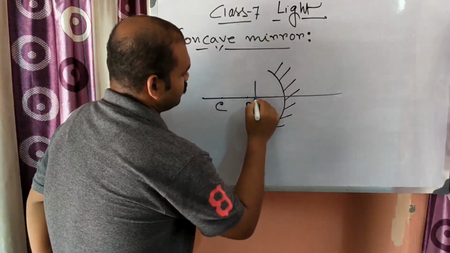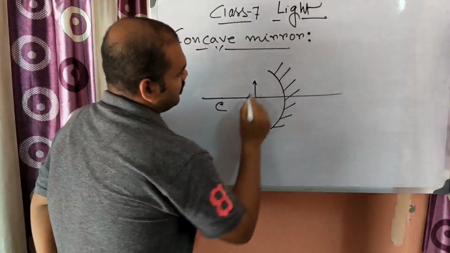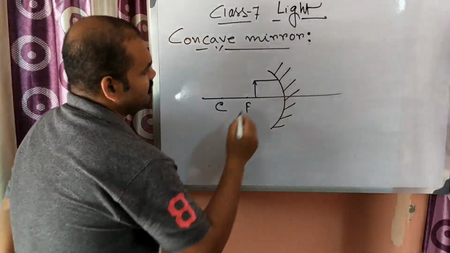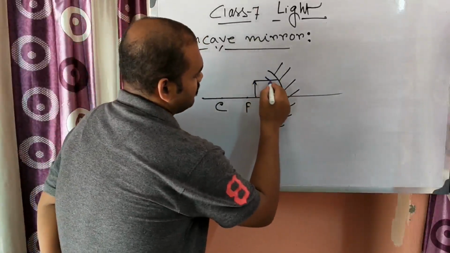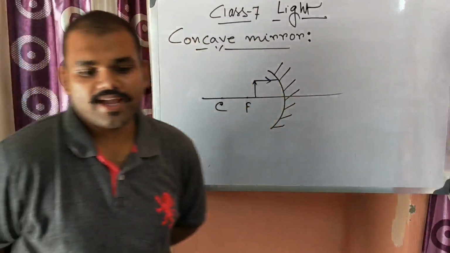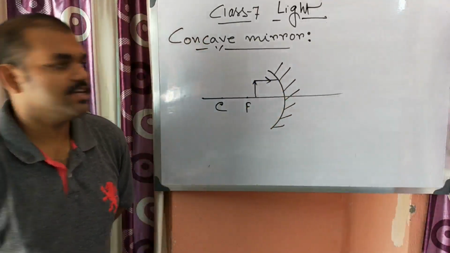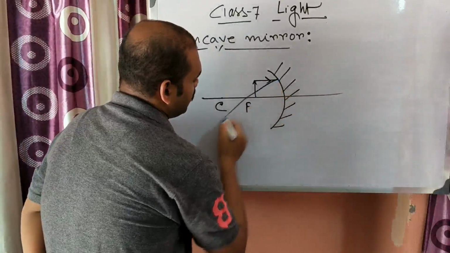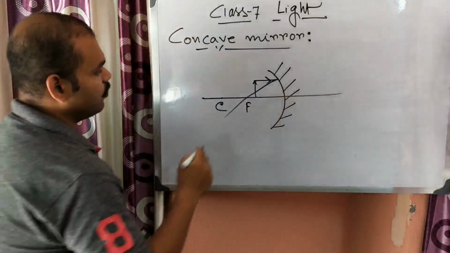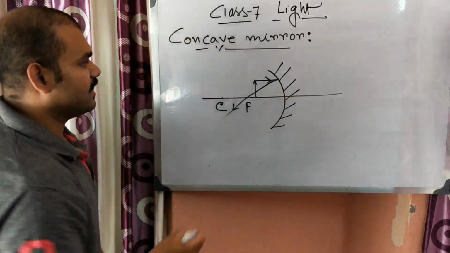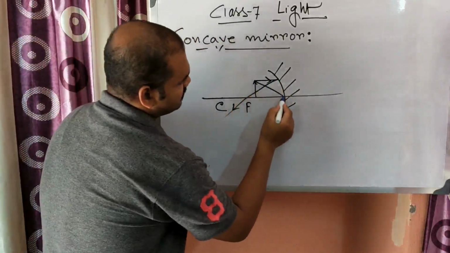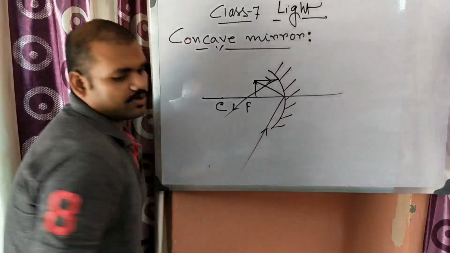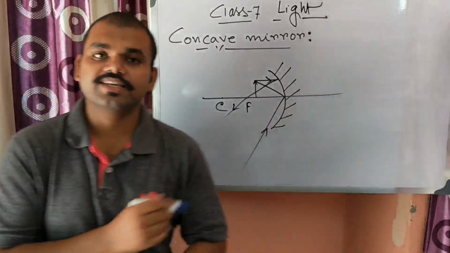If the object is placed within the focus, what will happen? A ray coming parallel to the axis, after reflection, will go through the focus, and a ray which is coming like this will go like this.